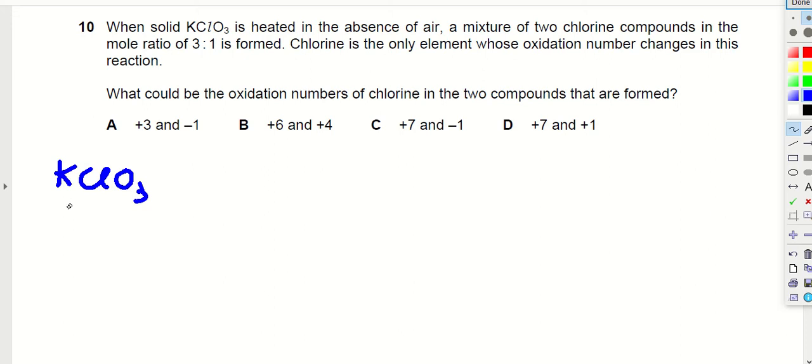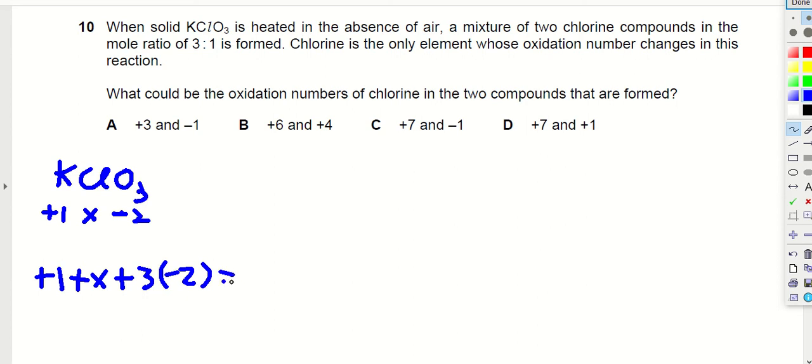So let's find the original oxidation number of Cl in KClO3. K is +1, O is -2, and Cl is X. So +1 plus X plus 3 times -2 equals 0.